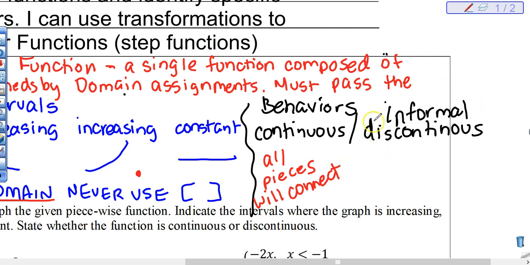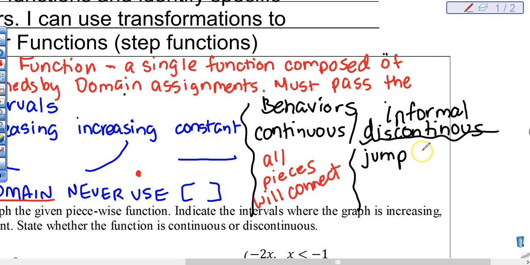So informally, I'm going to tell you some things that we can describe as discontinuous. A graph can have a jump discontinuity. If it has a jump discontinuity, there will be a gap vertically in the graph.